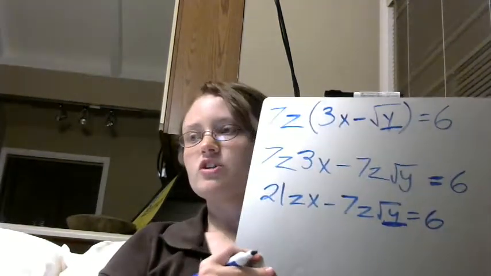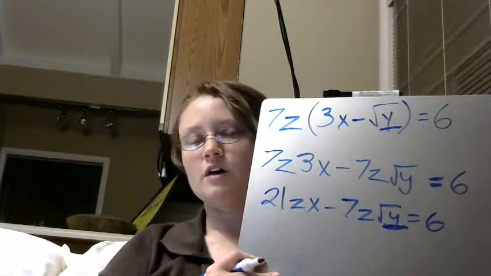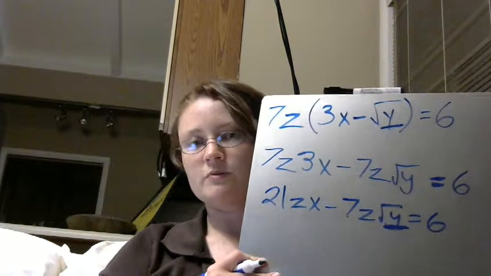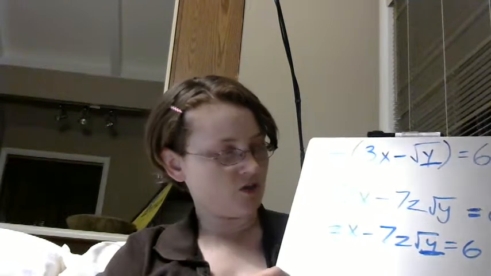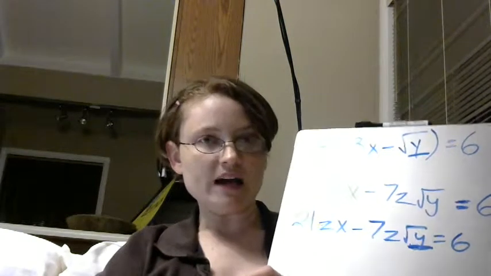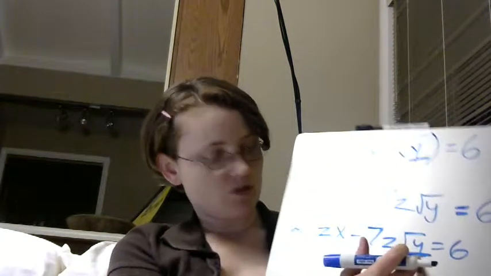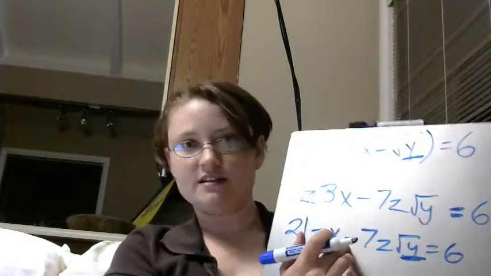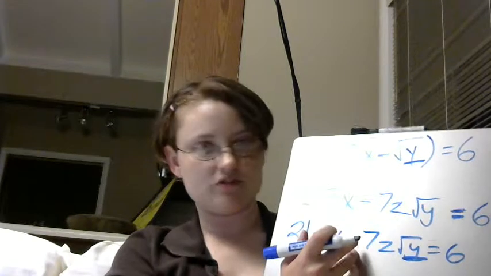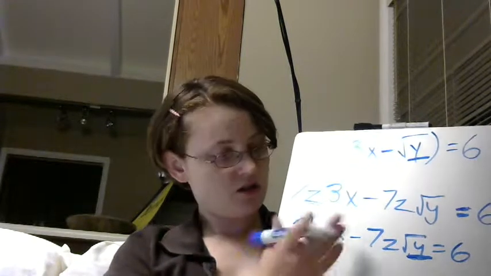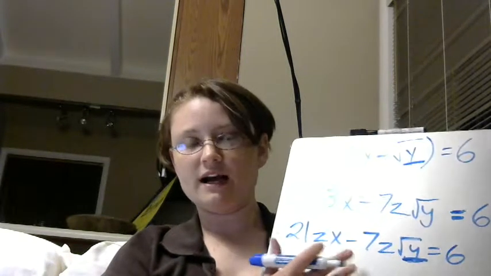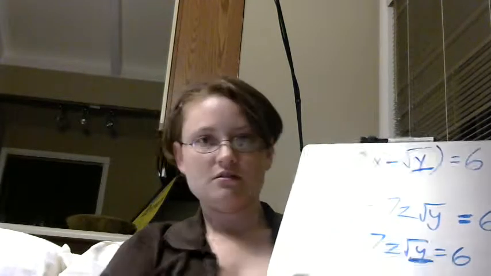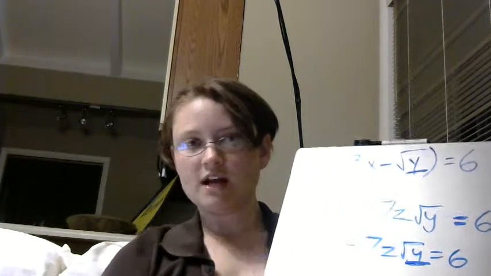Our next step, transfer terms without the objective. Do we have any terms that don't have our objective in them? Yeah, we absolutely do, because our objective is y. Anything separated by a plus or minus sign is a different term. How do we transfer it to the other side? Subtract it from both sides.